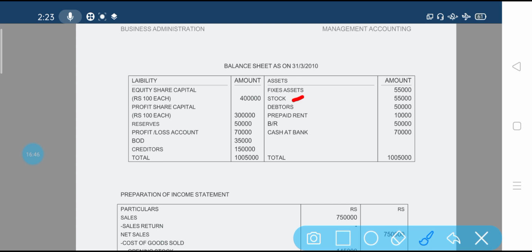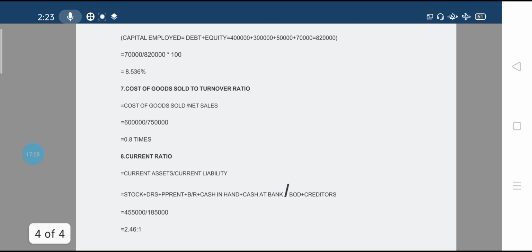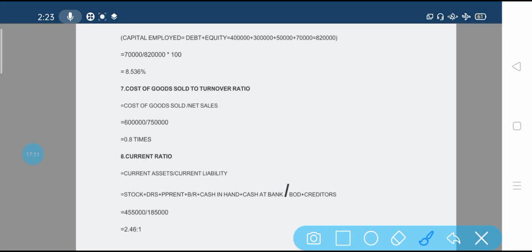Cash in hand, cash at bank, prepaid rent, debtors, stock, divided by bank overdraft plus creditors. Total will be 4,55,000 divided by 1,85,000. 2.46 is to 1 is the answer.